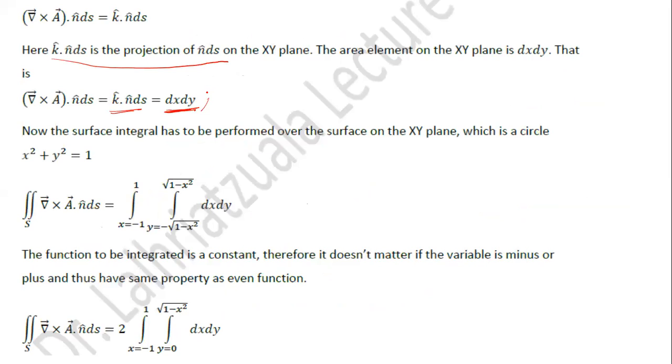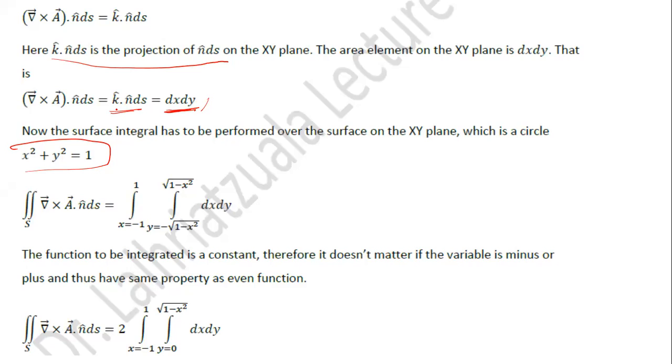and now the integration has to be performed over this, because this is now on the xy plane. So instead of having the whole x squared plus y squared plus z squared equal to 1, we have projected our surface on the xy plane because of the dot product with k cap.